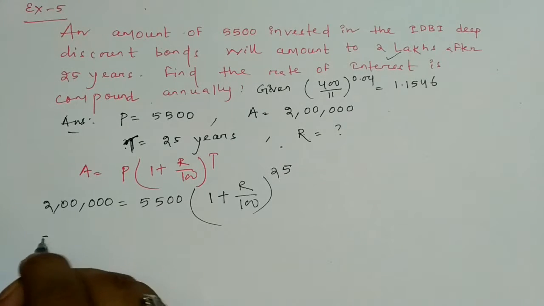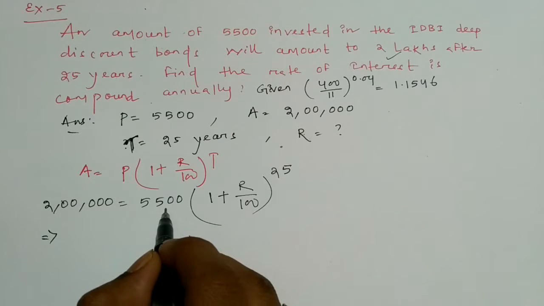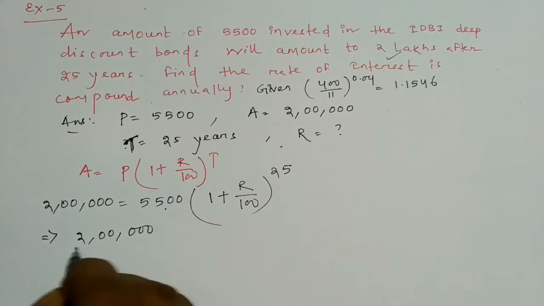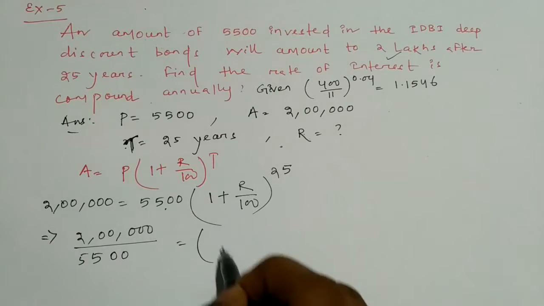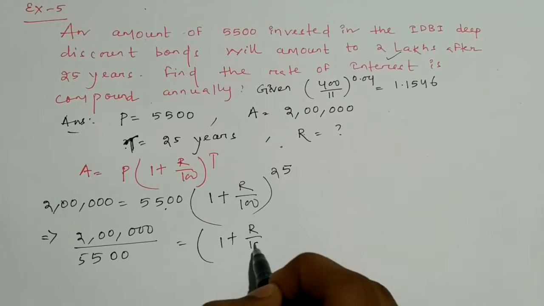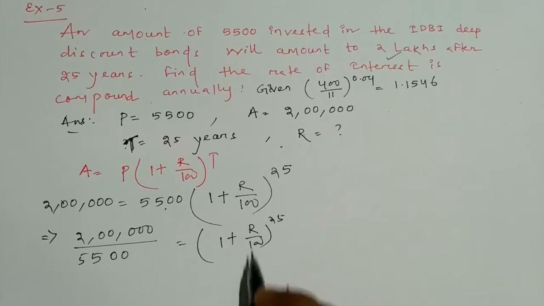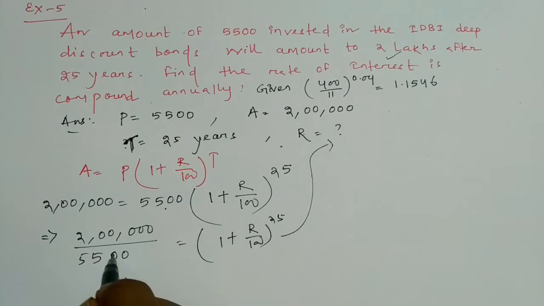Okay, so this 5,500 is multiplied here, so coming to this side it will be divided. Fine. 1 plus r by 100 to the power 25. So let it be cancelled. 20 got cancelled.